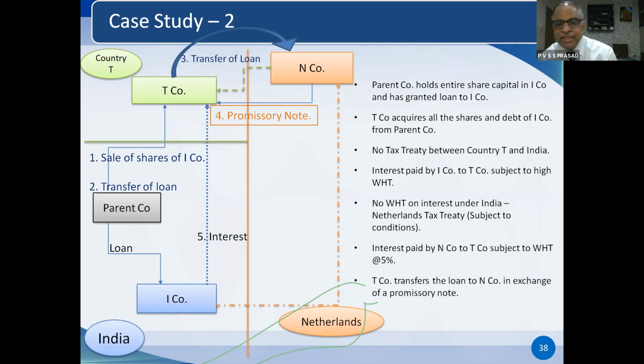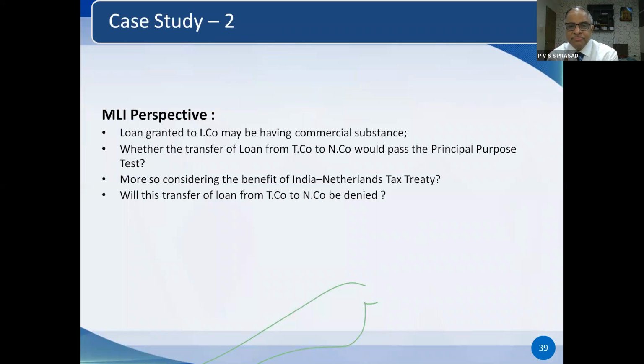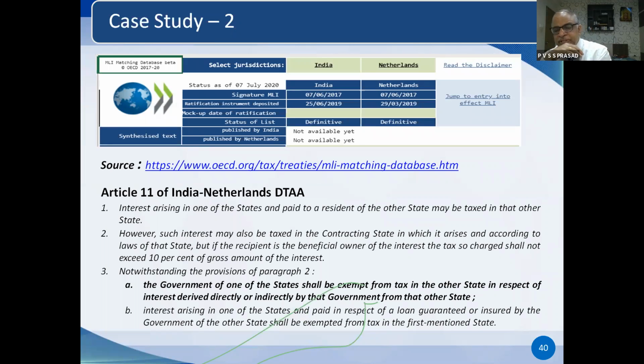So what T company has done is transfer the entire loan to N company. N company is situated in the Netherlands. We have a particular provision in the India-Netherlands treaty stating that if you receive a loan from a particular category of lenders, the interest to be paid by the Indian borrower would not suffer any withholding tax. That is what is there in the India-Netherlands tax treaty.